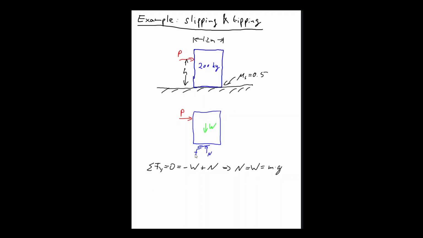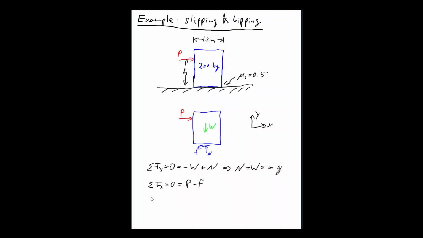So that would be in the y direction. If I look in the x direction, sum of Fx equal to 0, what do I get there? I get P and I get minus F. Again, let's put our coordinate system here so we know what directions are positive.